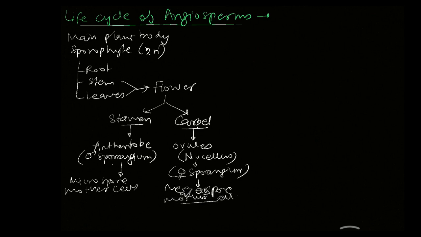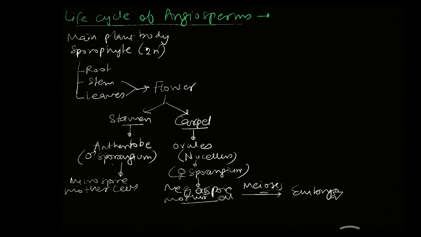We know that one cell of the nucellus behaves as the megaspore mother cell, and when meiosis division occurs in this megaspore mother cell, three cells degenerate and one cell is converted into a functional megaspore. Okay, so this functional megaspore develops into the embryo sac.